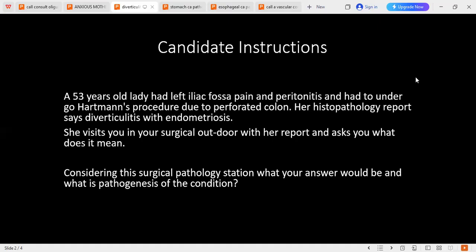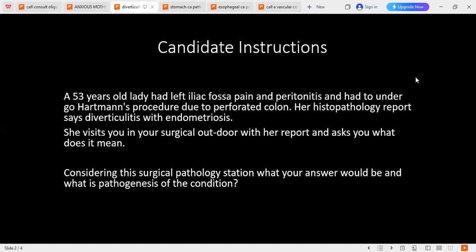The same patient, after she has been operated and underwent Hartmann's procedure, and you have seen the lab report, after a few days she visits you and complains of left iliac fossa pain. What would be your provisional diagnosis? Most probable would be pelvic abscess.